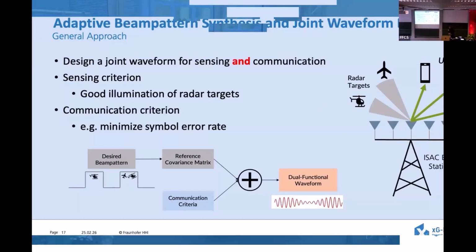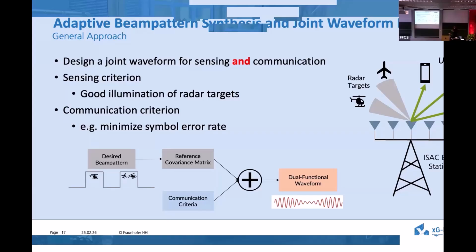I mean, here the problem is that, for example, if you go to higher frequencies and you use beamforming, you would like to have some kind of desired beam pattern, because you have communication users and then you have sensing users, and then based on this you have reference covariance matrices, you have some kind of communication criteria, and you would like to generate a dual functional waveform that satisfies some criteria, right, for communication and sensing.